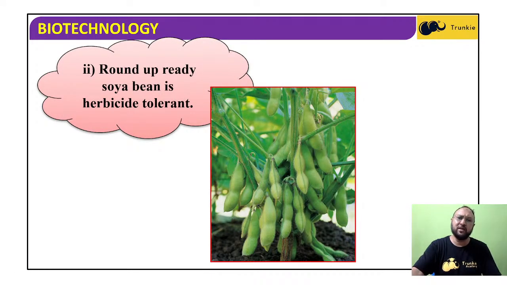Roundup Ready soybean is herbicide tolerant. This is another transgenic plant which has been made resistant to herbicide. We know that herbicides are chemical compounds used to kill or remove herbs growing in the same area where the soybean plants are growing.